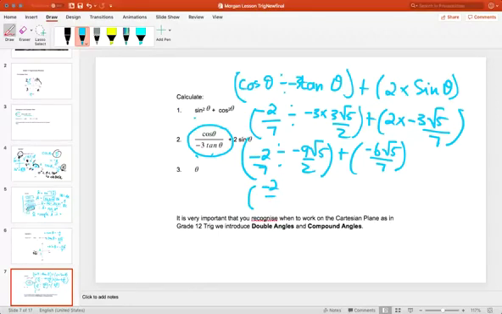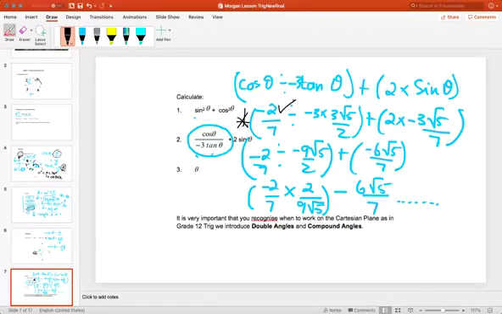So negative 2 over 7 times 2 over 9 root 5, minus 6 root 5 over 7. And from there, we would simply type it in on our calculator, if you're allowed a calculator. But the most important step is that one.